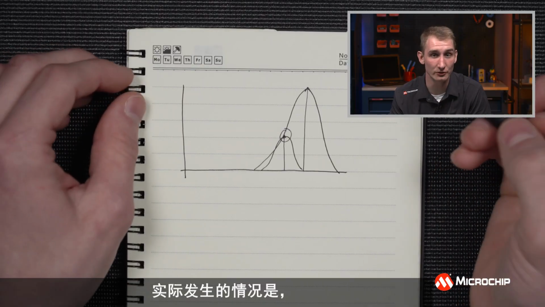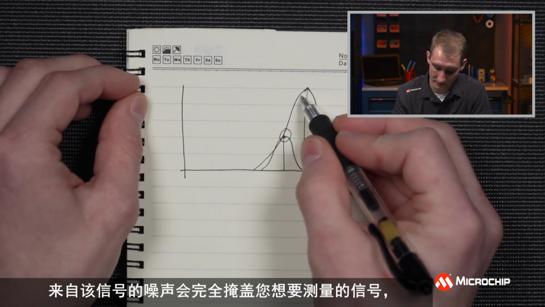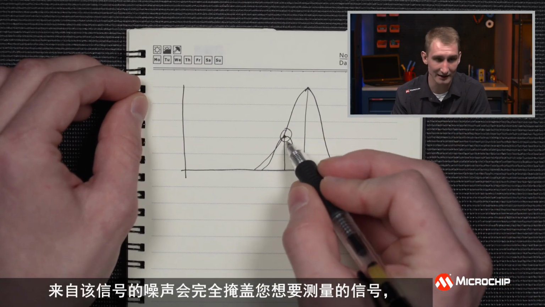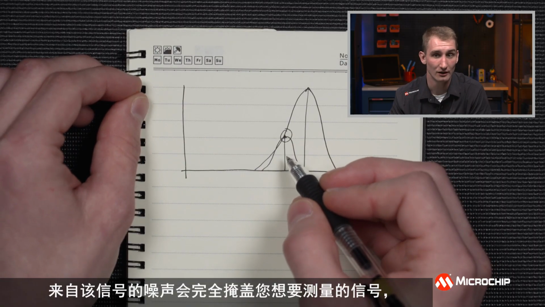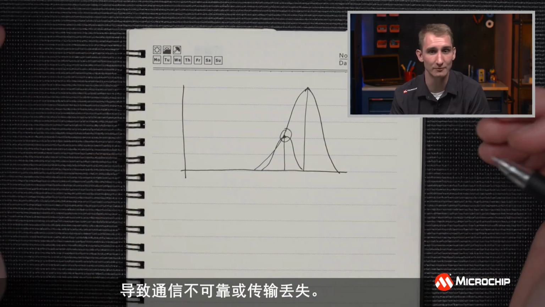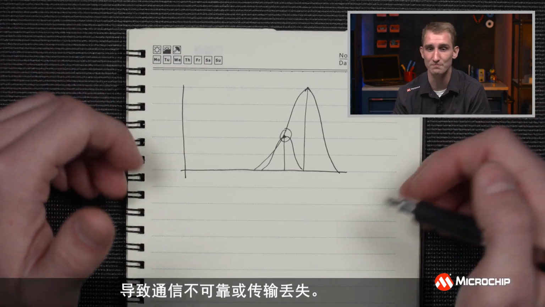What you'll actually do is you'll see that the noise from this signal will completely mask what you're trying to measure, leading to unreliable communications or missing transmissions. So in this situation, phase noise is essential, and measuring using the 53100 will give you confidence that you're choosing the right oscillator for your design.